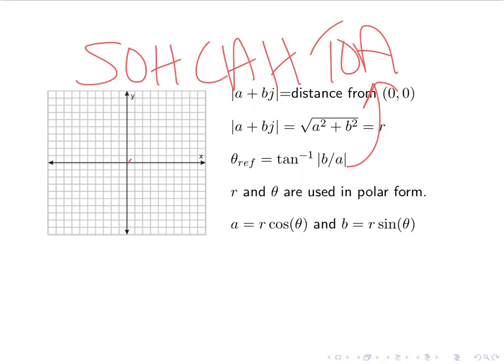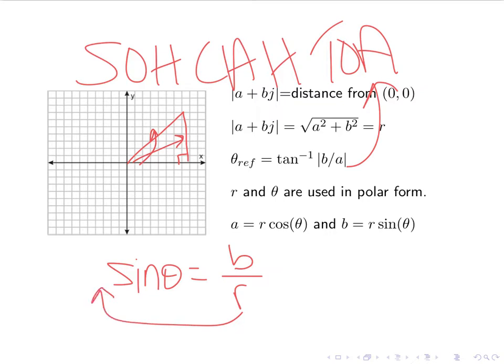And so, again, if I've got something, let's say it's in quadrant 1, the sine of theta is the opposite, which would be b, over the hypotenuse, which is r. So bring the r over, and b equals r sine theta.